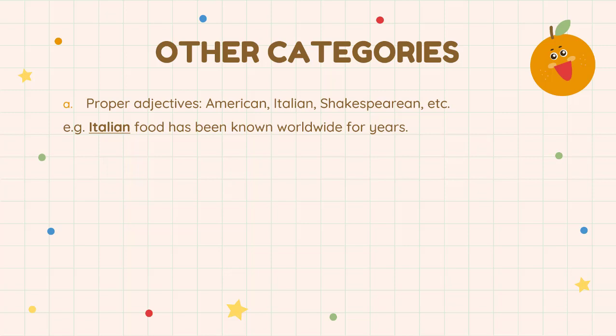Italian is the proper adjective that comes from Italy. Italy is the name of a nation. Italian is the adjective that refers to the people or the language. So we want to describe the food. That's why we need the adjective.